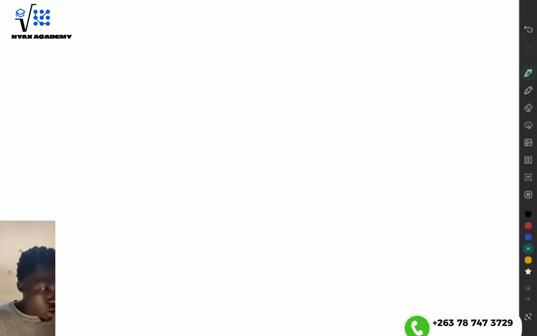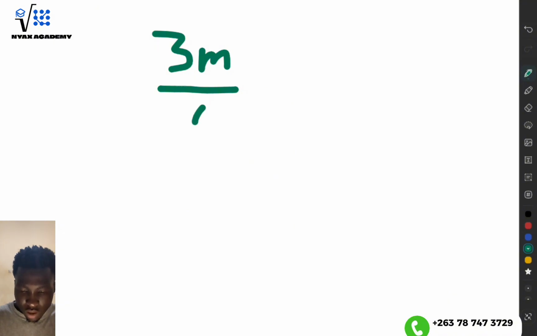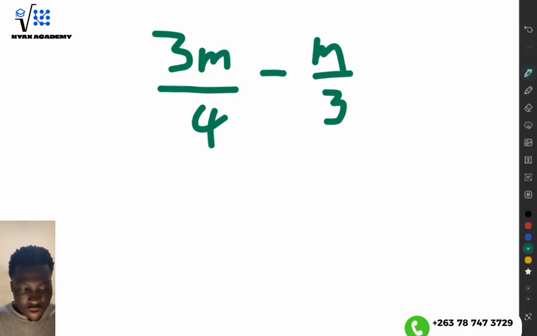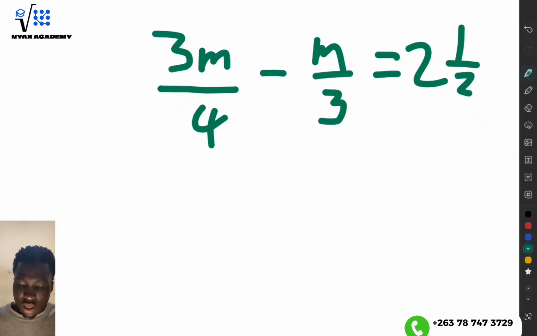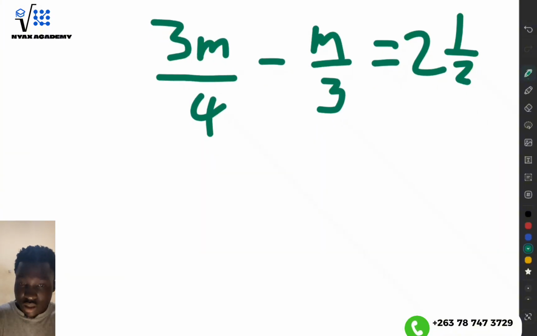So the next question on our worksheet, we're given 3m over 4 minus m over 3, and it's equating to 2.5. So how do we solve this? Let's start on the left hand side, and we need to express this as one fraction.